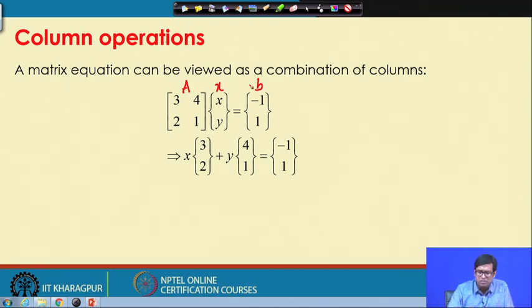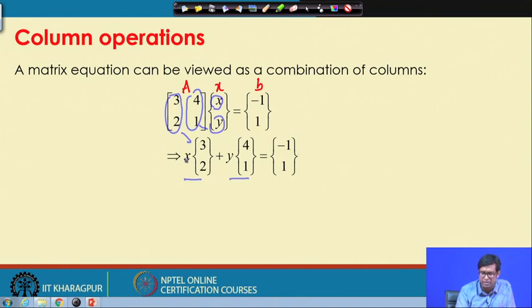So, this multiplication can also be looked at as the first column, 3 2, being multiplied by a scalar x, and the second column, 4 1, being multiplied by another scalar y, and when we add these we get a resultant vector.